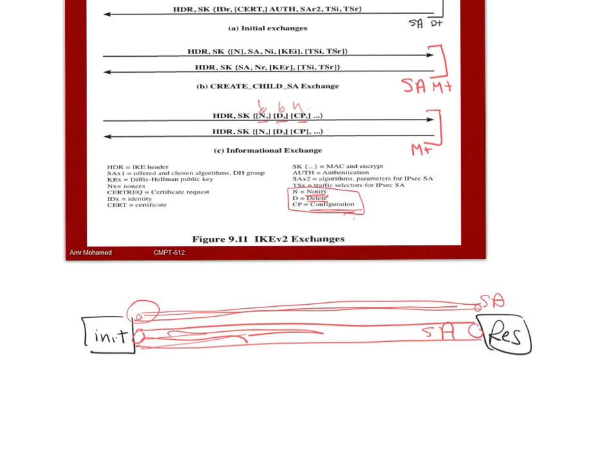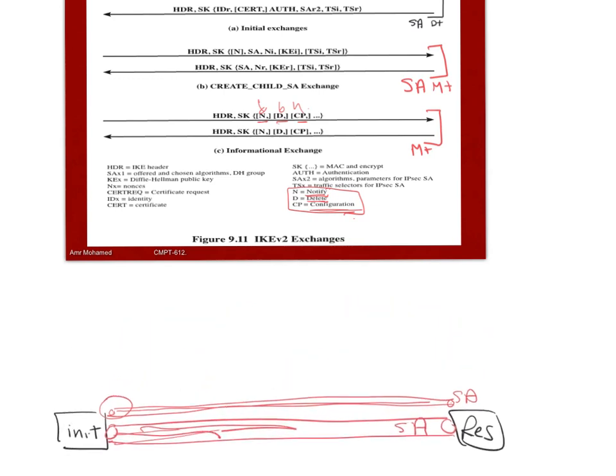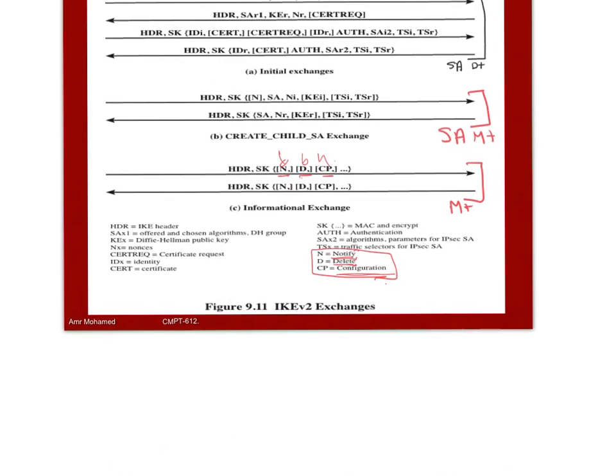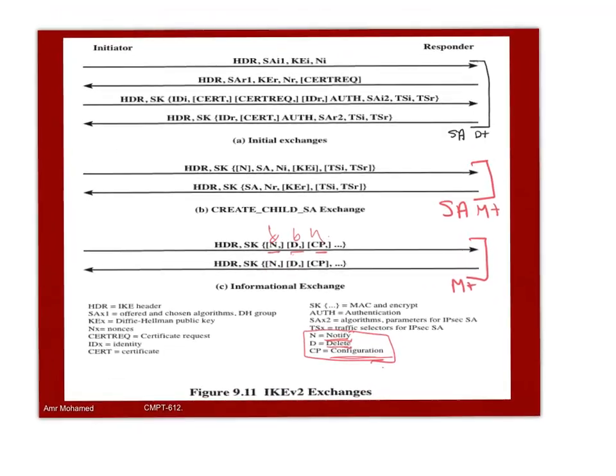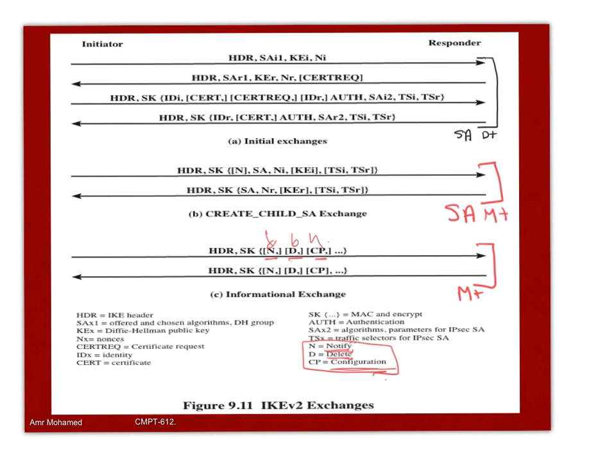So digging more into each of these. We see here that in each of these messages, we have a header. This is the IKE header. The IKE header contains basically the cookies to try to, again, mitigate a clogging attack.